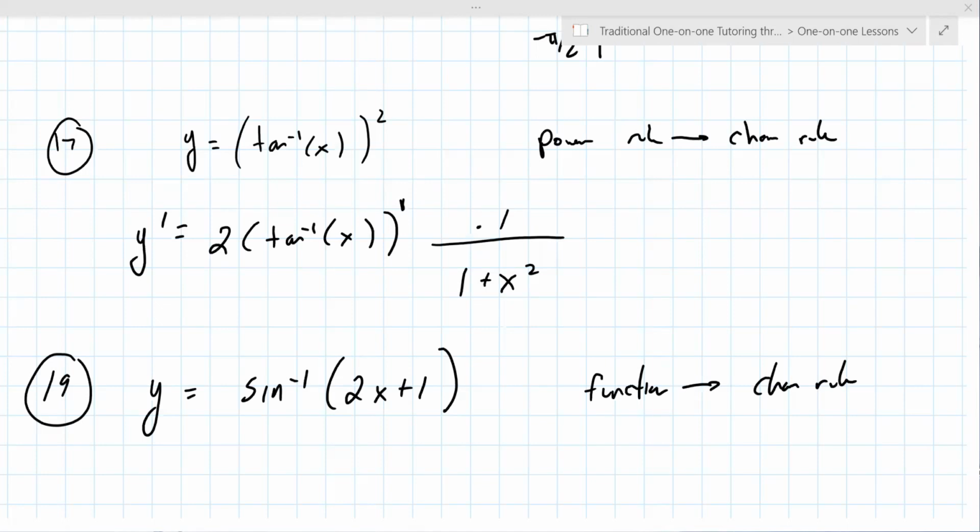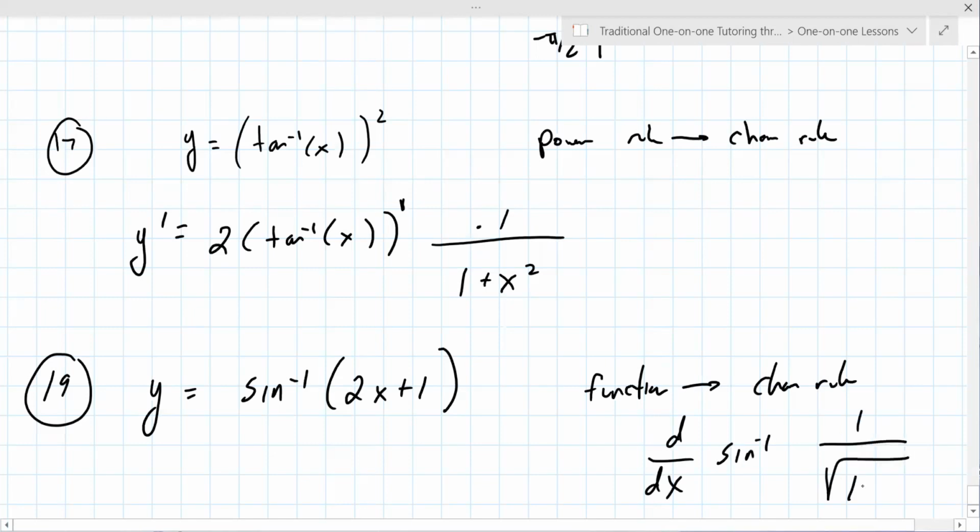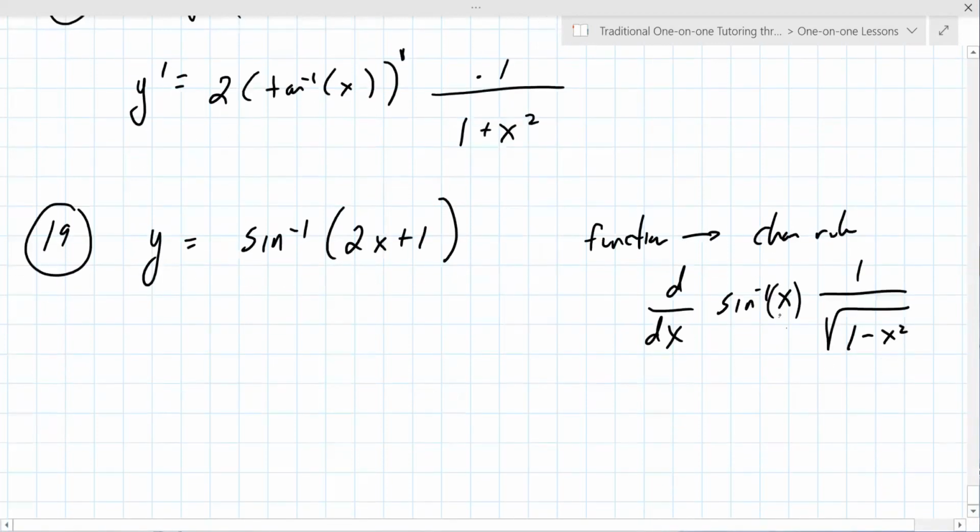All right, it's 1 over the square root of 1 minus x squared, but that's if it's an x there. If it's not an x, whatever is there goes in that position. So here the 2x plus 1 is going to go in that position.